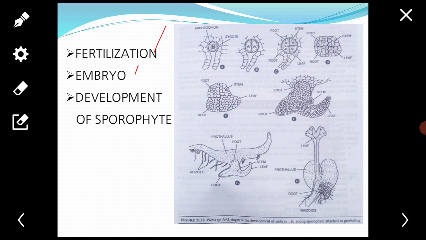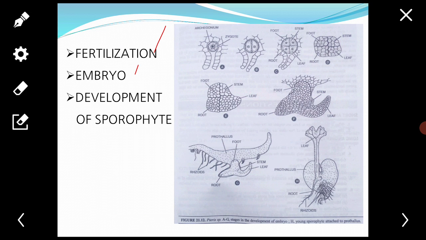The polarity of embryo development is lateral because its axis is at right angles to that of the archegonium.